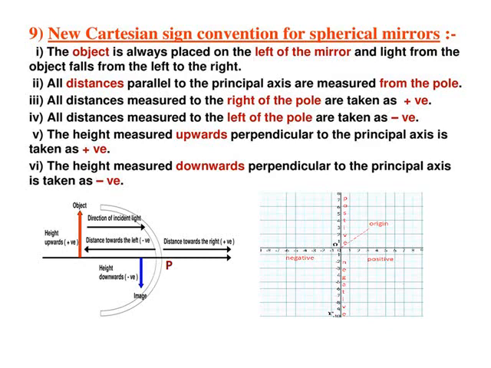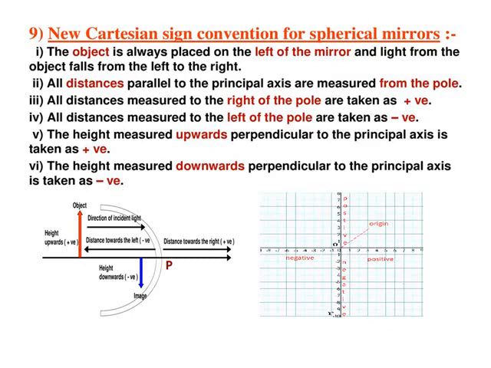And any distance which you measure on the right side of P is positive according to the graph. Any distance which you measure upward from the principal axis is plus. And any distance which you measure downward is negative.